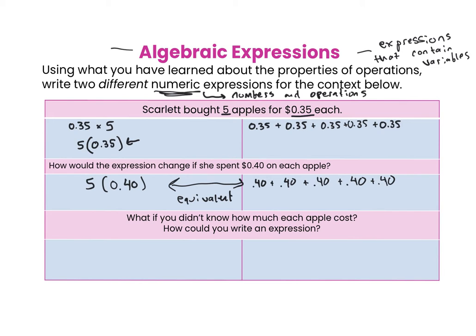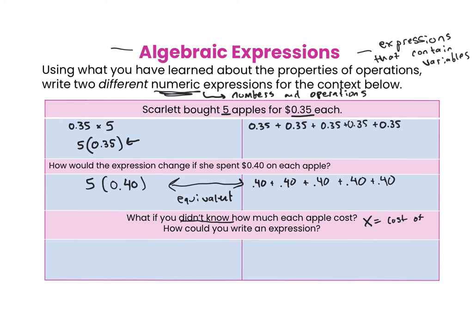They're just different. So now, what would happen if we don't know how much each apple costs? How could we write an expression? Well, anytime we have an unknown, we use a variable. So if we don't know how much each apple costs, we're going to say x equals the cost of the apple.